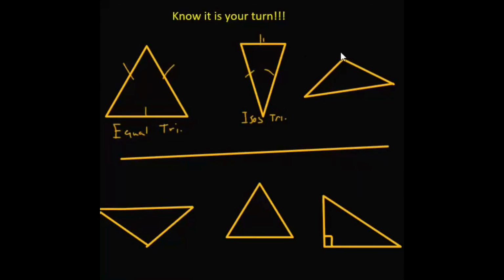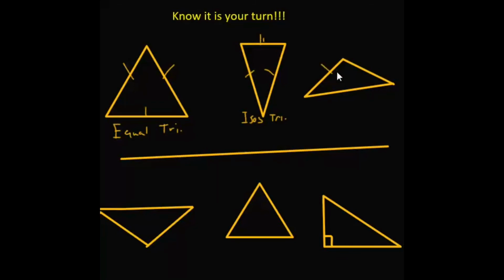And the next one looks like it has no equal sides. So let's just be sure. This side does not look like it's equal to this side or this side. This side doesn't look like it's equal to this side or this side, and this side doesn't look like it's equal to any of the other two sides.